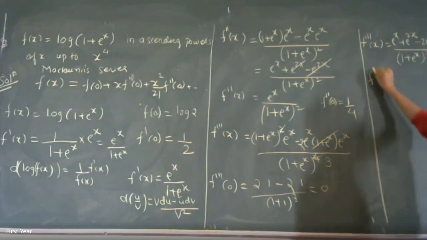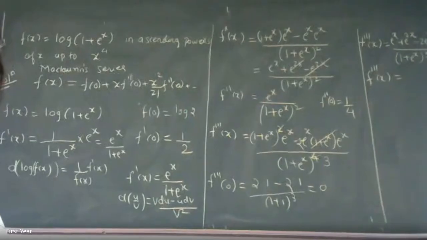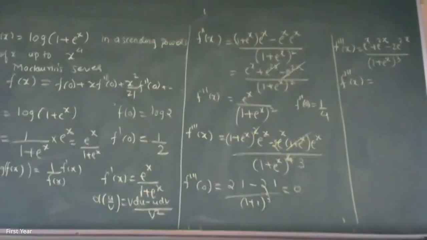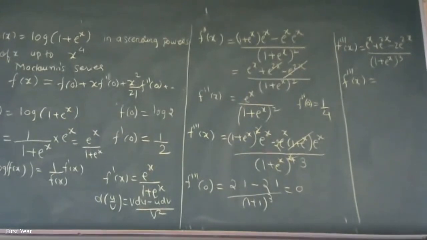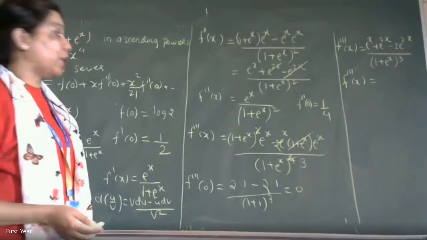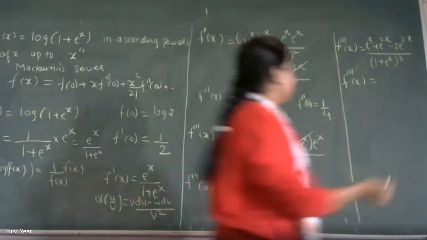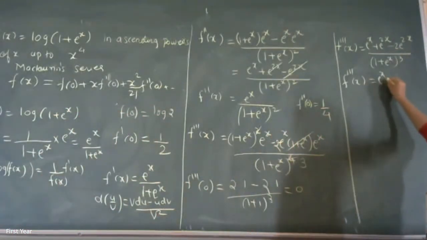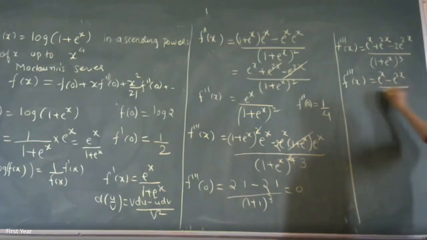Can you see the board? No, ma'am. I'll shift a bit. Yeah, here it is. f triple dash at x is e raised to x plus e raised to 2x minus 2 times e raised to 2x upon 1 plus e raised to x cube, which gives you e raised to x minus e raised to 2x divided by 1 plus e raised to x the whole cube.